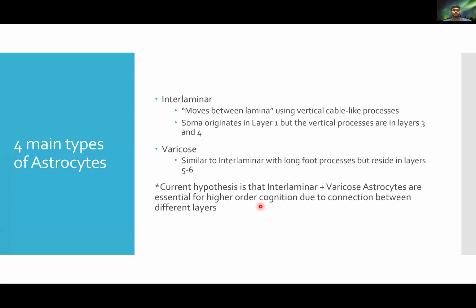However, to really integrate these functions and to have higher order recognition and better interpretation, we have to have connections between these layers and between these regions in the form of association areas. These interlaminar and varicose astrocytes really help in bridging the gap and making these connections a lot stronger.